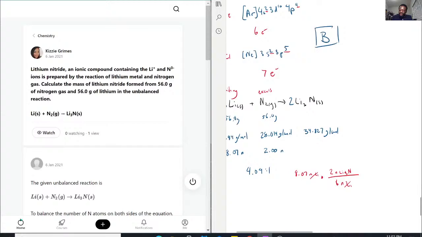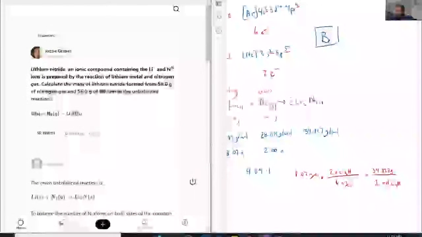And then now, while we're here, we're actually going to just get it straight to its mass based on its molar mass, because for every 1 mole of lithium nitride, we have 34.827 grams of lithium nitride. So, with all that being said, we have the 8.07-ish times 2 divided by 6 times 34.827.